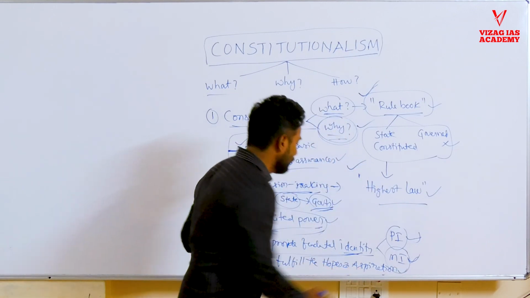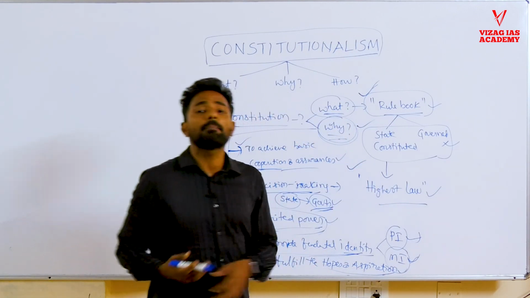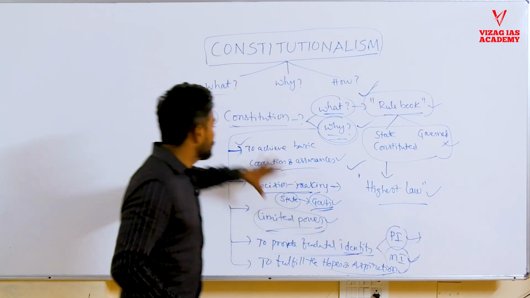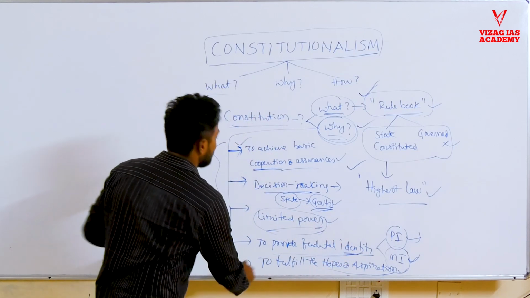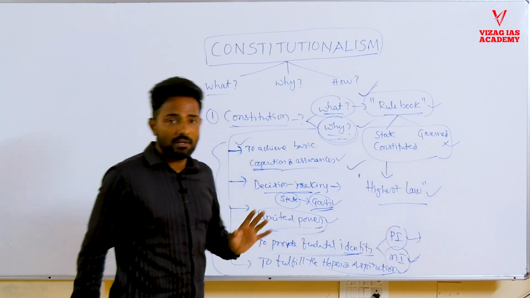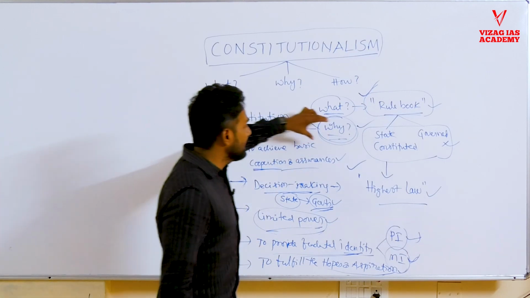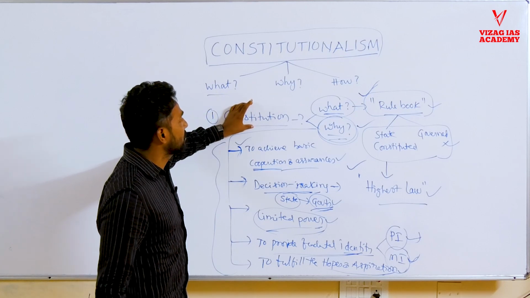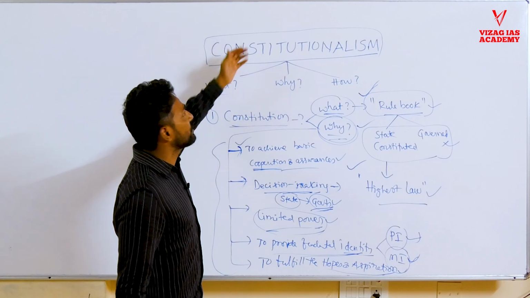Because to fulfill their hopes and aspirations, we have opted for a welfare state. So in order to achieve all these objectives, we need to have a constitution.